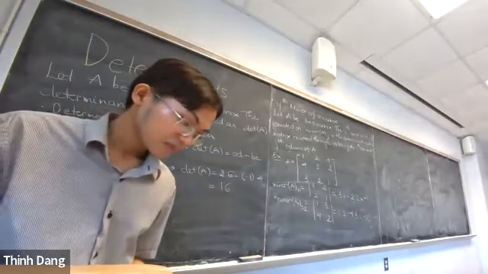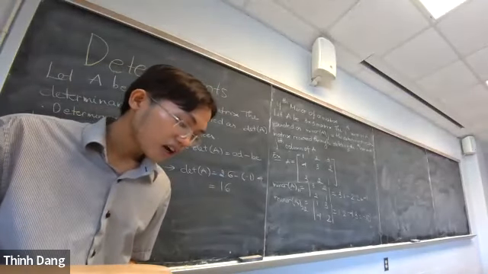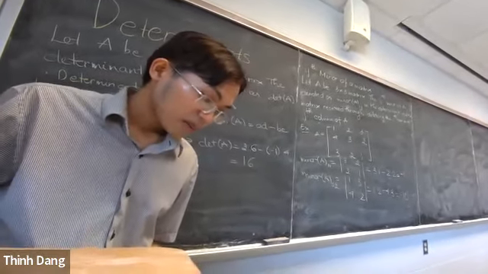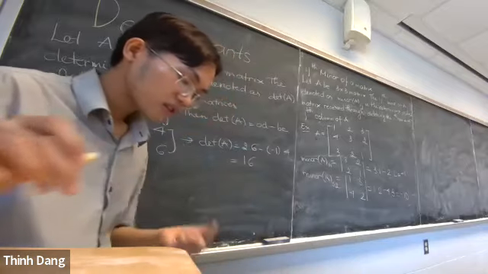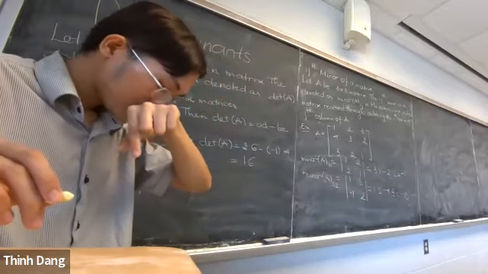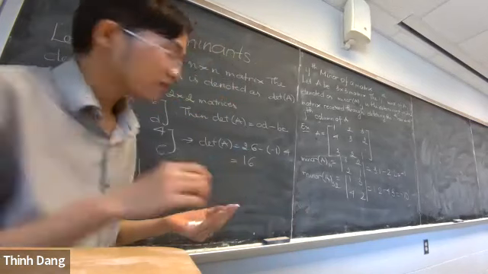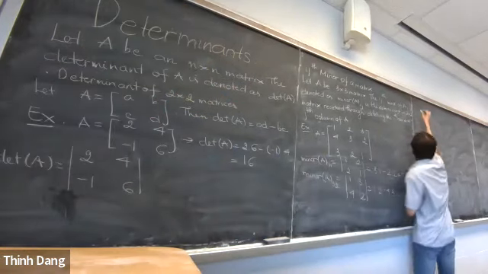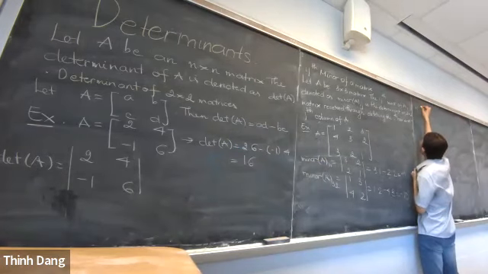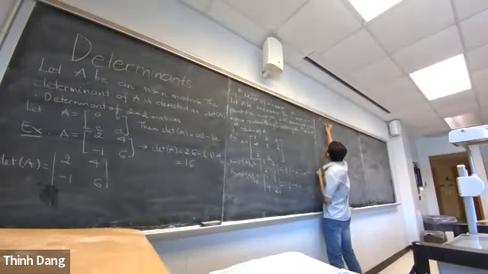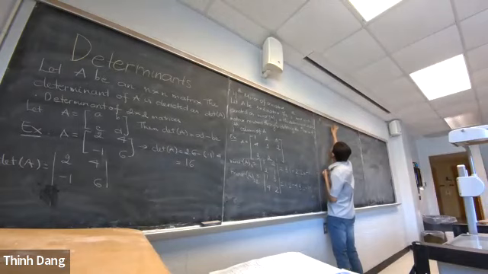So after we have talked about the Ij minor of a matrix, next we will set up another definition, which is the Ij cofactor of a matrix.